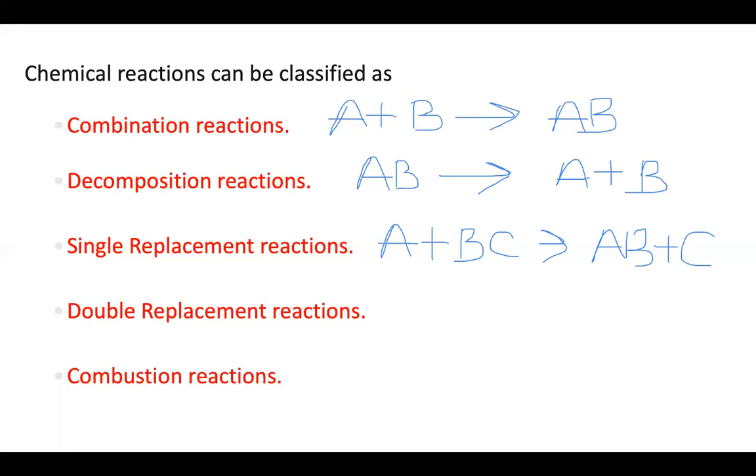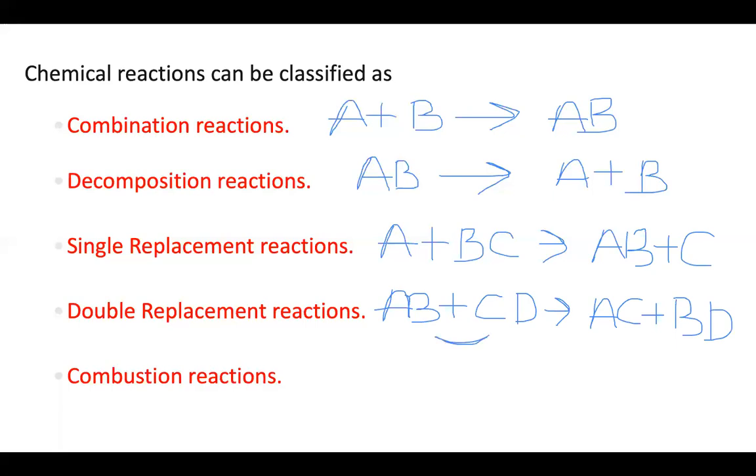In a double replacement or double displacement reaction, as the name says, two of the reactants are going to be switching their places. So we have AB plus CD, and after the reaction takes place, we are going to have AC plus BD. Okay, B and C switch their place.